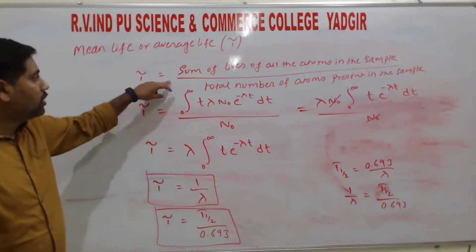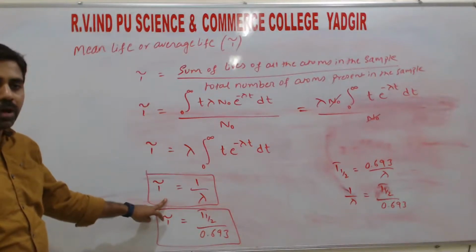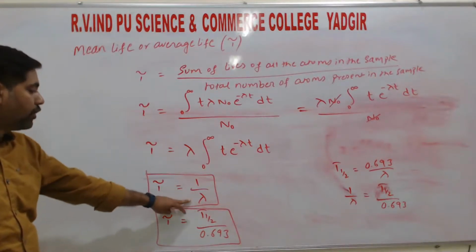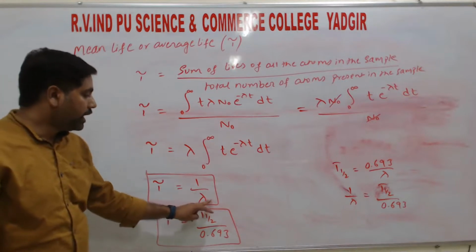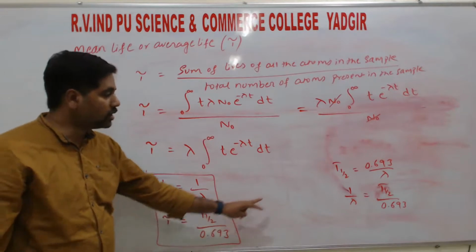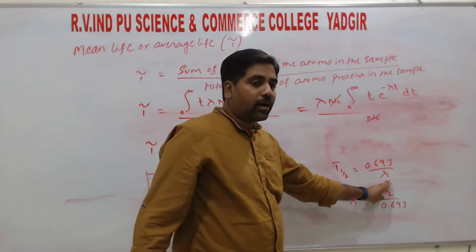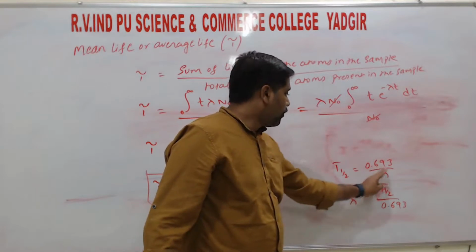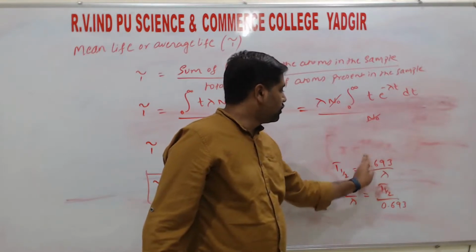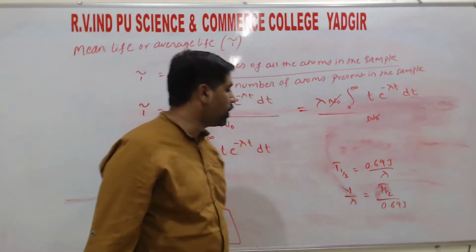So this one is the mathematical expression in terms of decay constant and in terms of half life, right? So this one is the definition and this one is the mathematical formula, right? Tau is equals to 1 by lambda, in terms of decay constant. And this is in terms of half life, because we know half life is equals to 0.693 by lambda, right? So from that, 1 by lambda keeping as is, this 0.693 moves to the LHS, meaning it goes to the denominator.